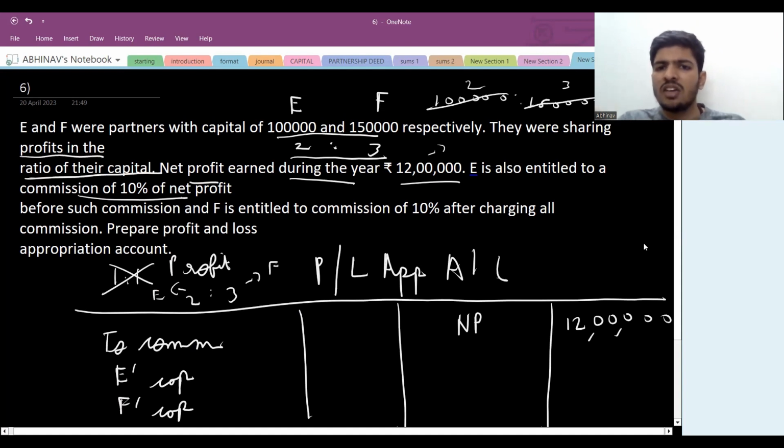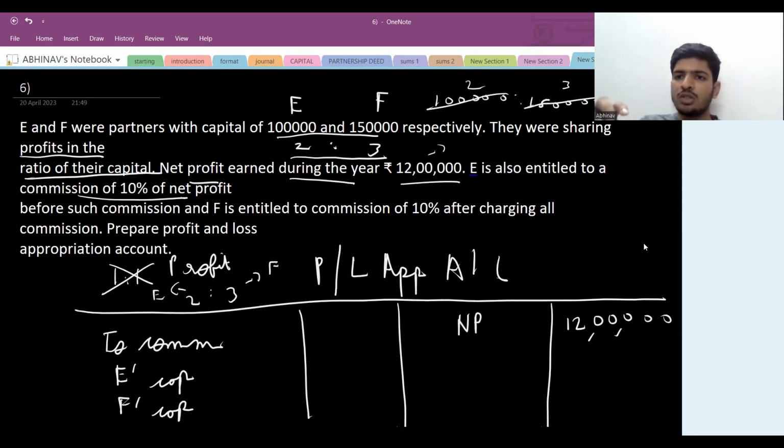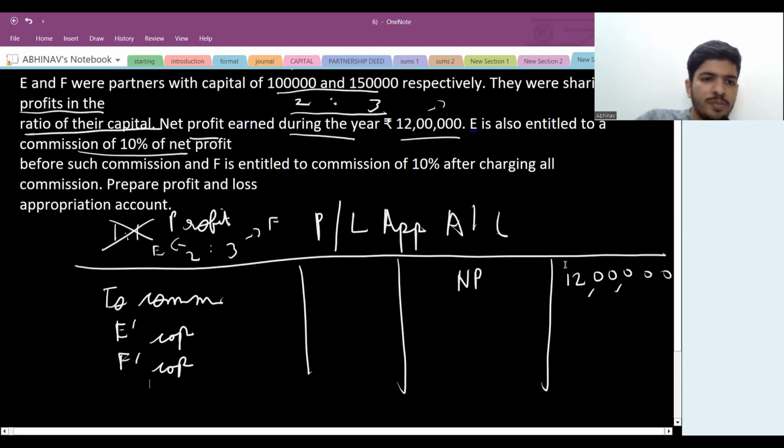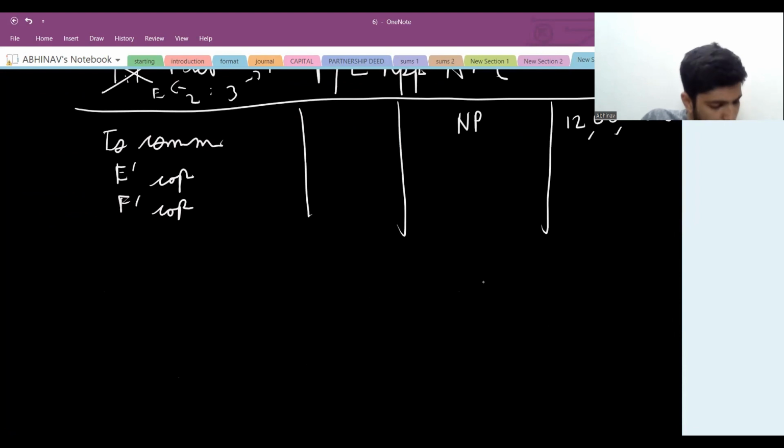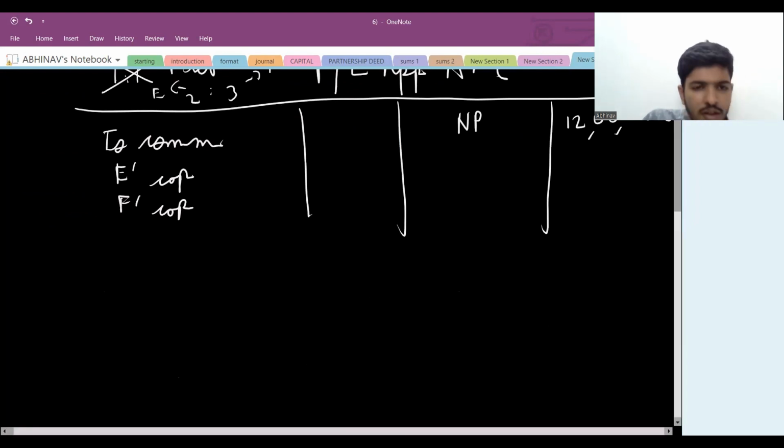It's just a format difference. So you should not give so much importance to the format. By solving a lot of sums in different formats, if you're conceptually thorough, you need to just pay attention to the format, and you'll be able to solve all sums. Now, let's solve this. We need to calculate commission of E and commission of F. So again, net profit is 12 lakhs.